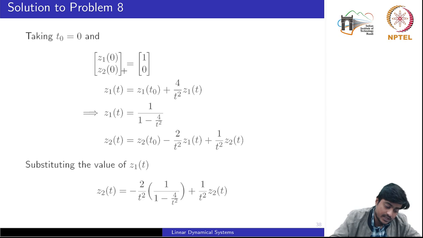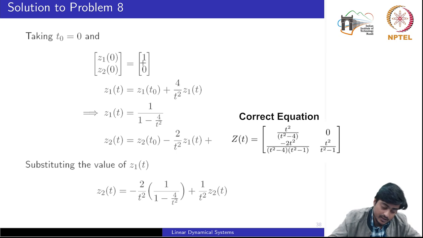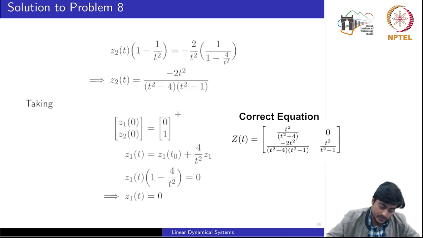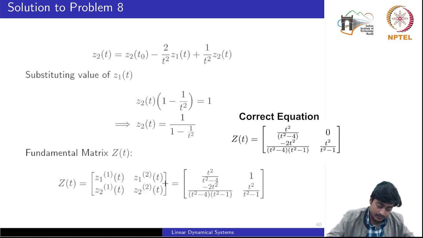So the first initial condition we have specified is this one, and for another initial condition we need both vectors to be linearly independent. Another natural choice of the initial condition would be 0 1. So we choose 0 1 as another set of initial conditions, and with respect to these initial conditions we solve for z1 and we solve for z2.